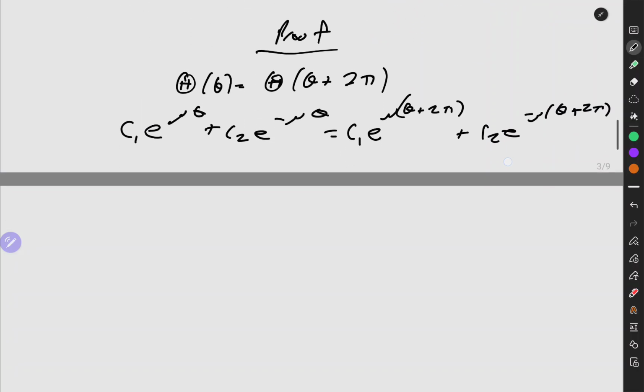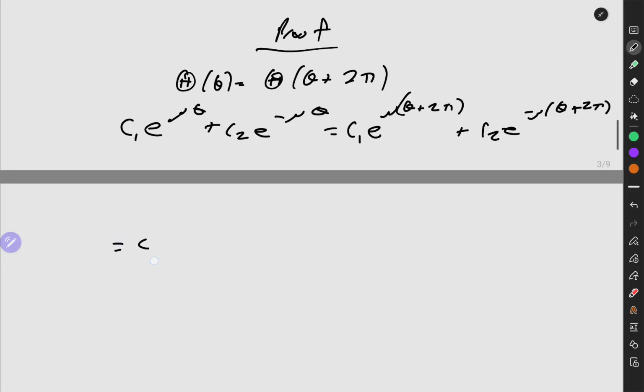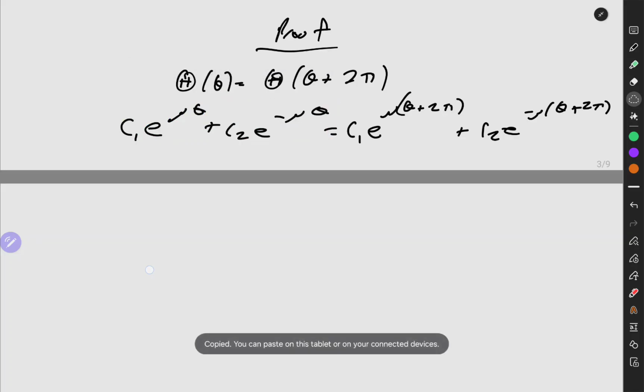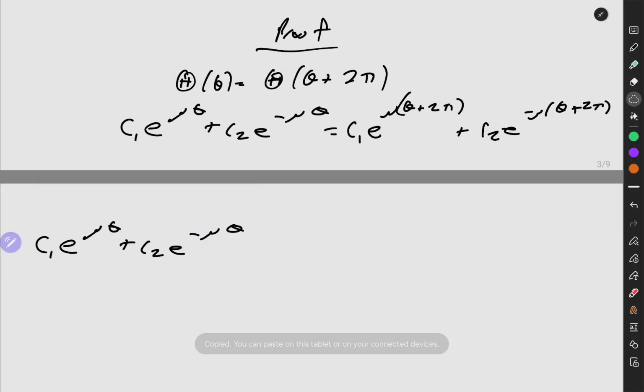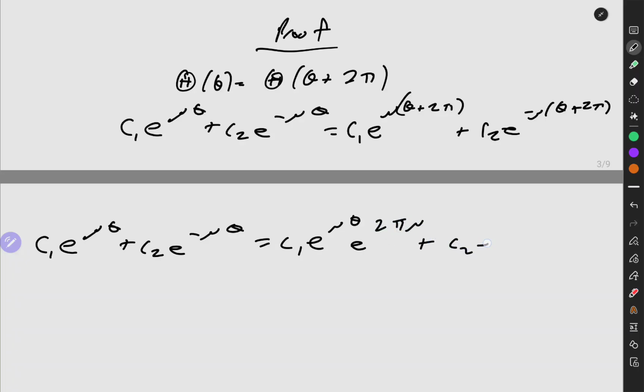This can be rewritten as C1 e to the mu theta times e to the 2 pi mu, plus C2 e to the negative mu theta times e to the negative 2 pi mu.